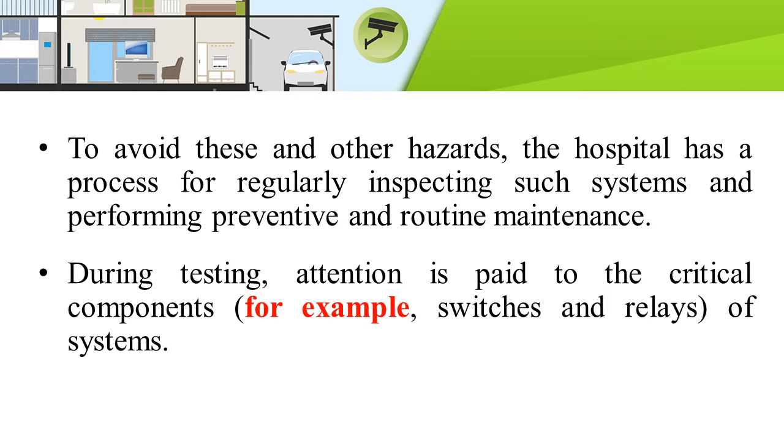To avoid these and other hazards, the hospital has a process for regularly inspecting such systems and performing preventive and routine maintenance. During testing, attention is paid to the critical components, for example switches and relays of systems.